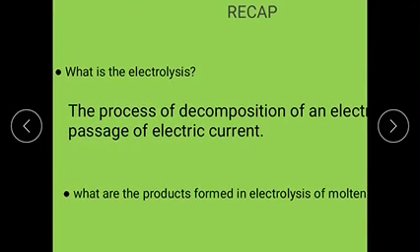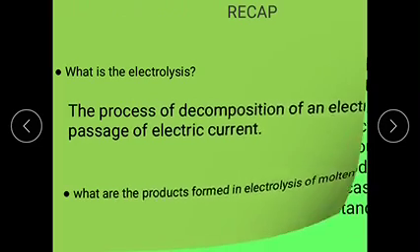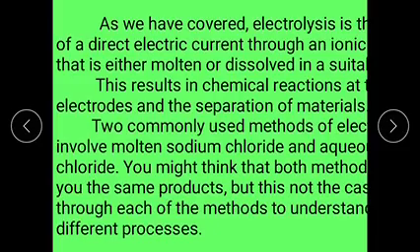Now just now we discussed the process of the decomposition of an electrolyte by the passage of electric current, and also the products formed in the electrolysis of molten NaCl. We covered the electrolysis of a direct electric current through an ionic solution, either in a molten state or in a suitable solution.